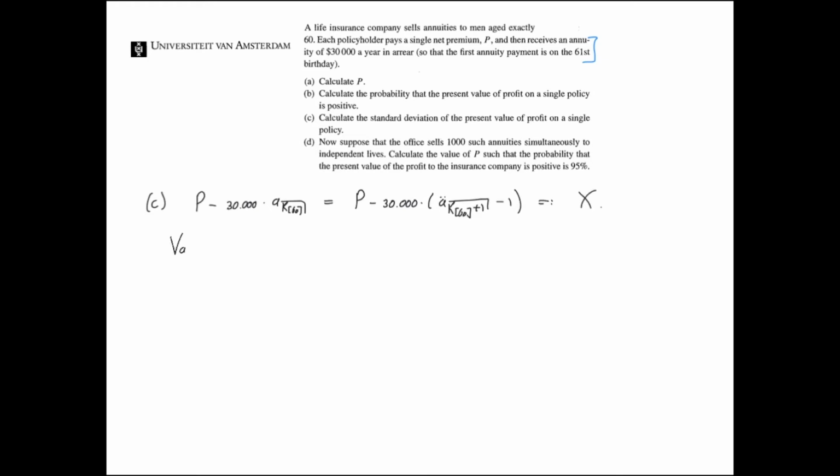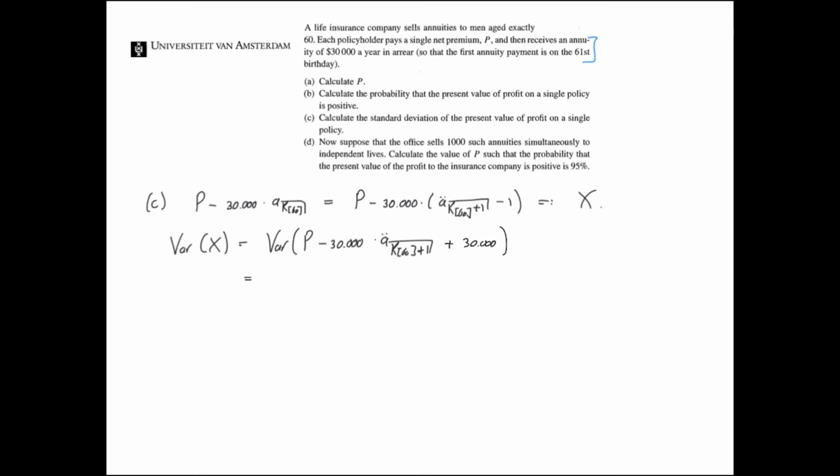Then the variance of X equals, so let me write it out completely for once, the variance of P minus 30,000 times (ä_{K60+1} minus 1). And of course the variance of P and the variance of 30,000 will be 0, because a number is just a number, it's not random, there is no variance in a number.